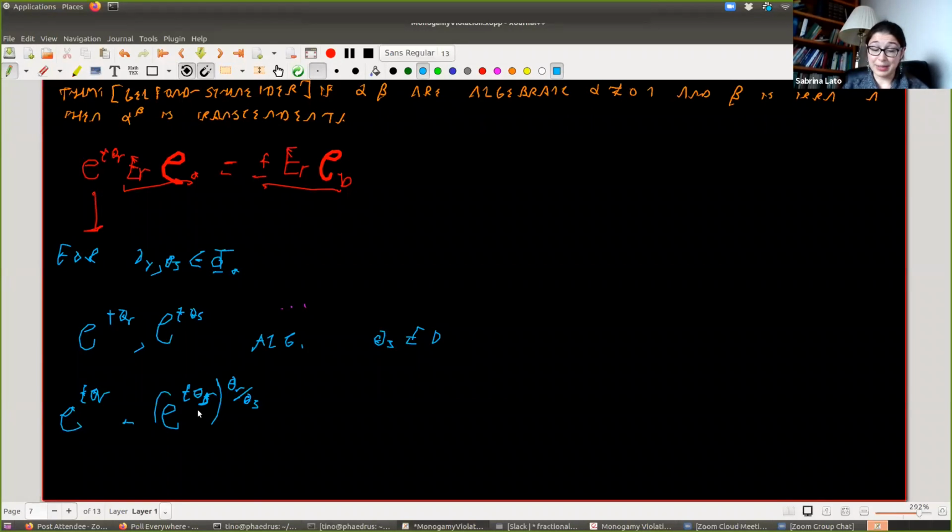Therefore, the only possibility is that theta r over theta s is rational. So it is in fact true that perfect state transfer implies that the vertices are periodic. However, this doesn't give us any useful indication of when the time occurs.